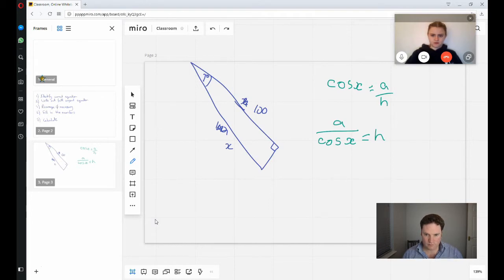I don't think I'm going to be able to type that one into my calculator. You could just do a divided by cos thingy.